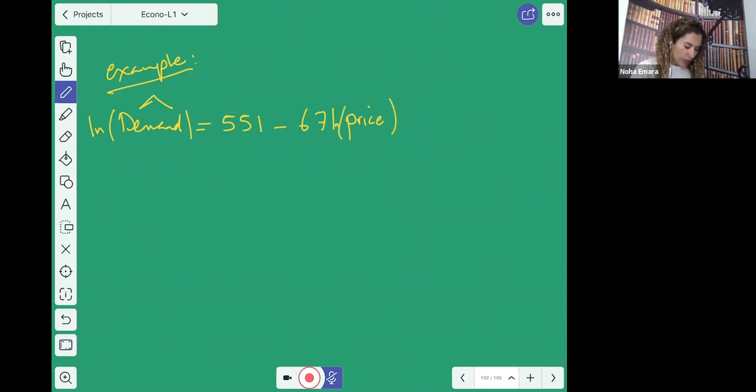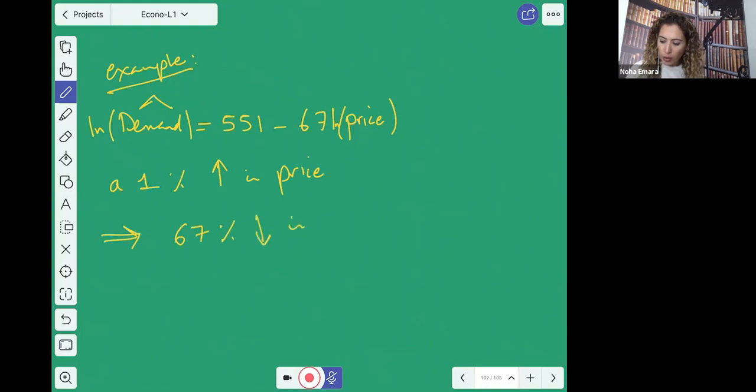I'm telling you it's easy to analyze this model because I can easily say a 1% increase in price implies a 67% drop in demand, right?